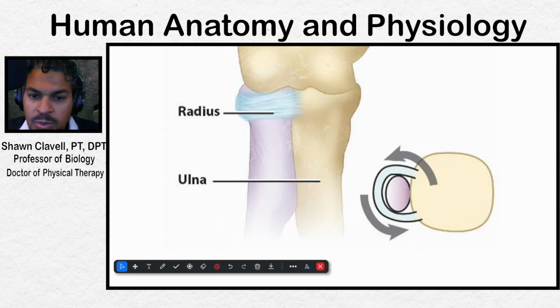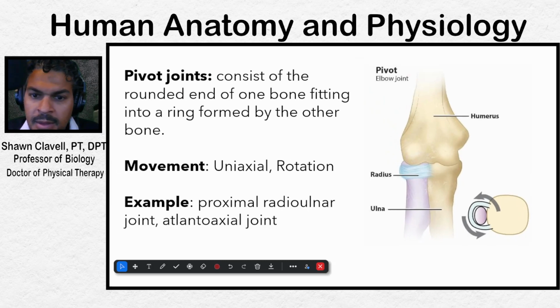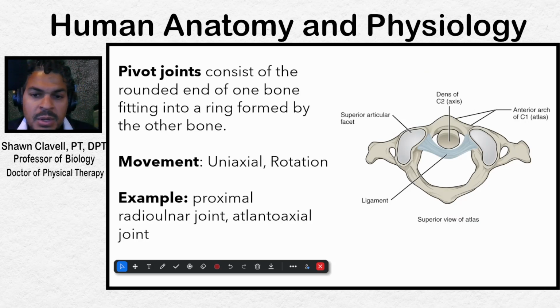is the C1. So another example of the pivot joint is C1 on C2, often referred to as the atlantoaxial joint. The atlas on the axis, and the upward projecting dens articulates with the inner aspect of the atlas.